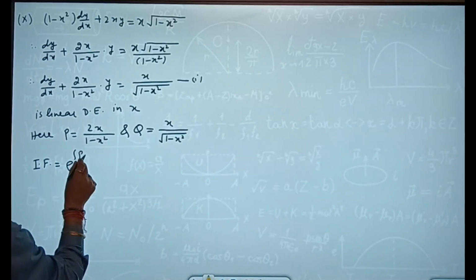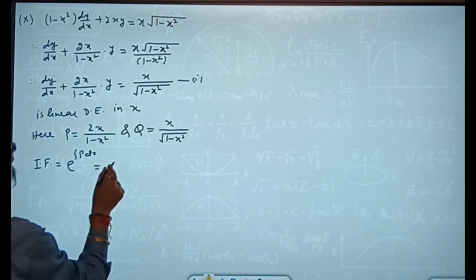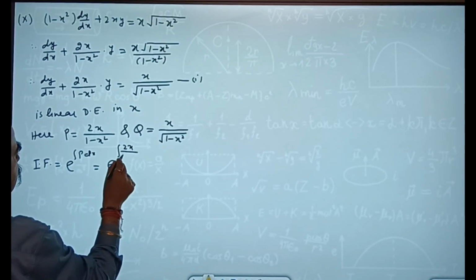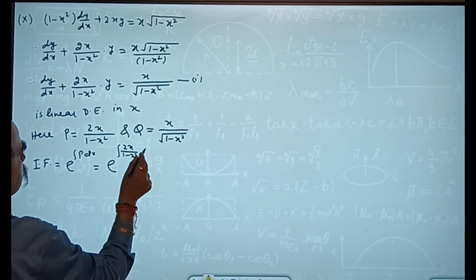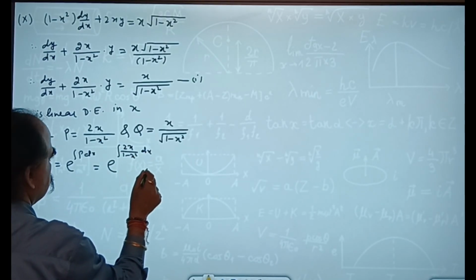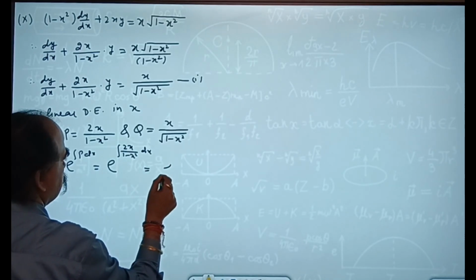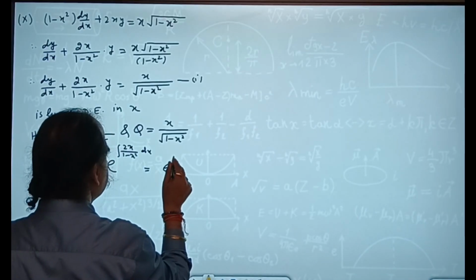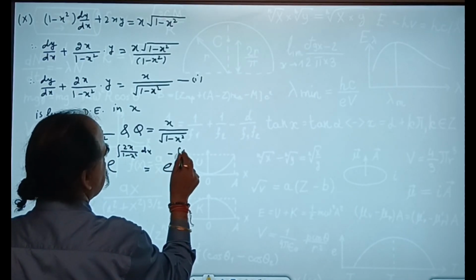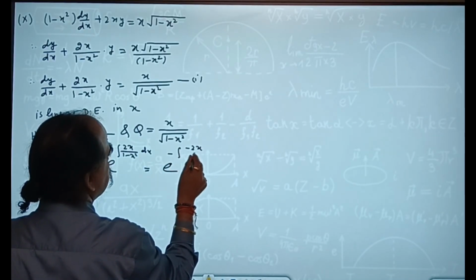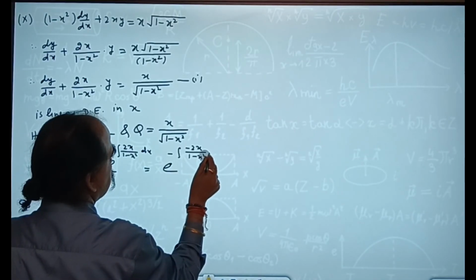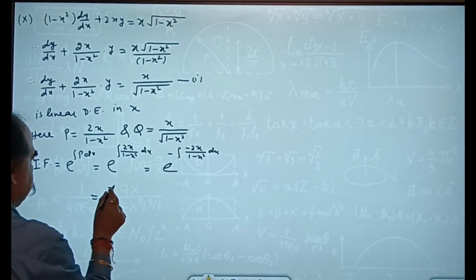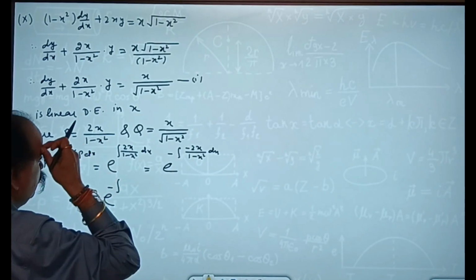e raised to integral p dx, two x upon 1 minus x square, e raised to minus 2x upon 1 minus x square, numerator is what?